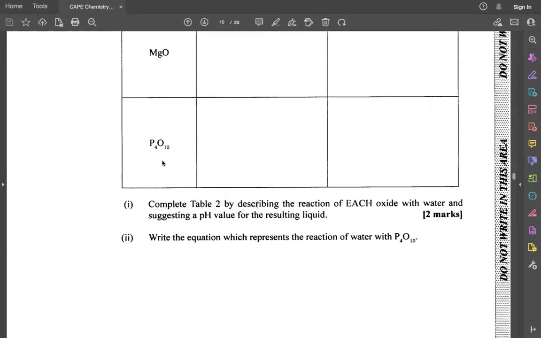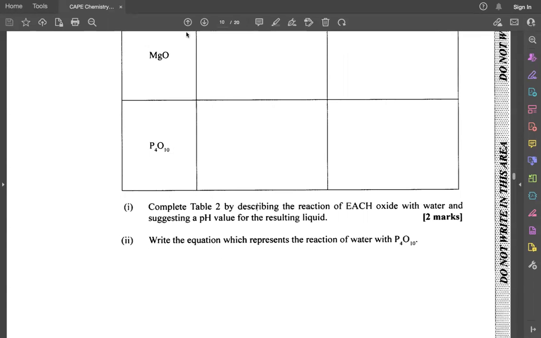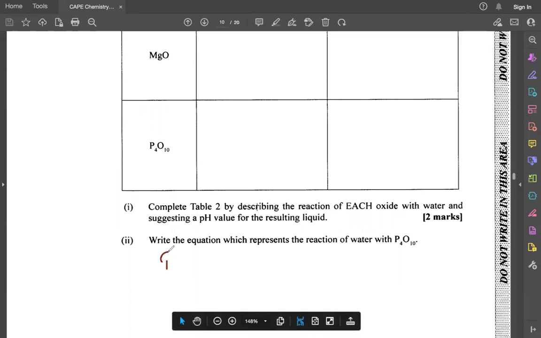Write the equation which represents the reaction of water with P4O10. All right. So this P4O10 is a solid oxide. So let's write that. Make sure we have our state symbols as well. So this would be P4O10 solid, right?